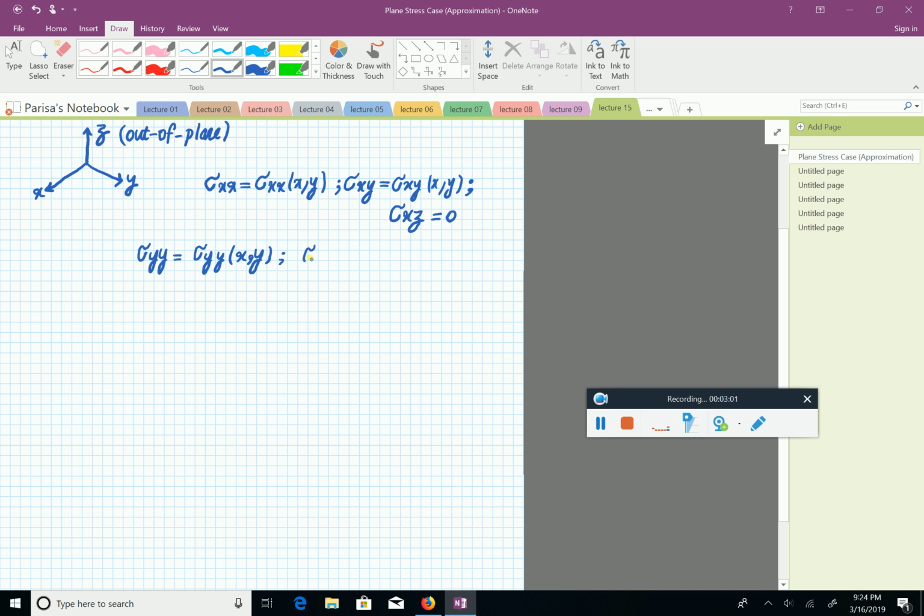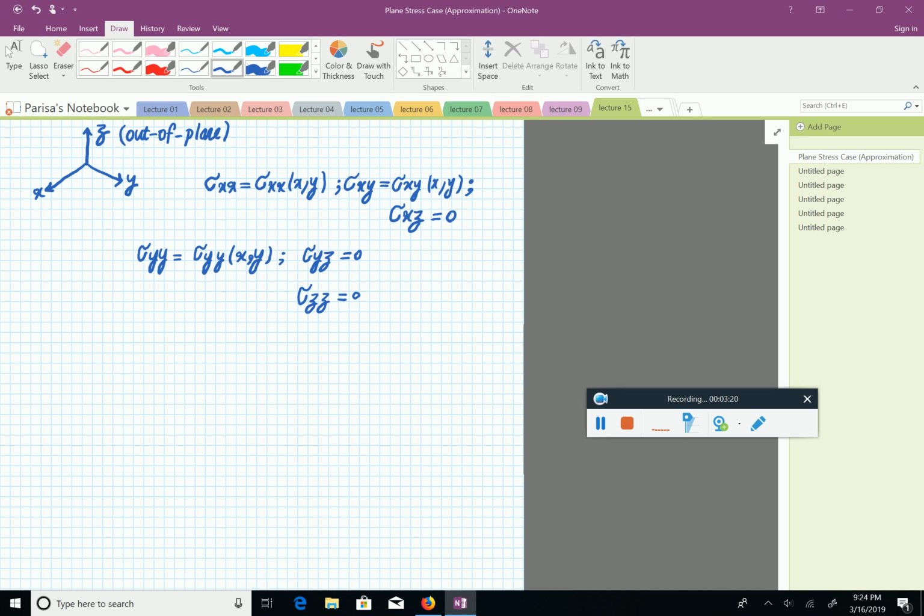But sigma yz is going to be 0. And then sigma zz is also going to be 0. So out of plane components of stress are going to be 0.